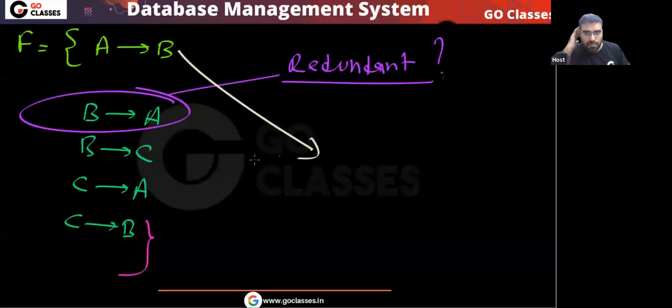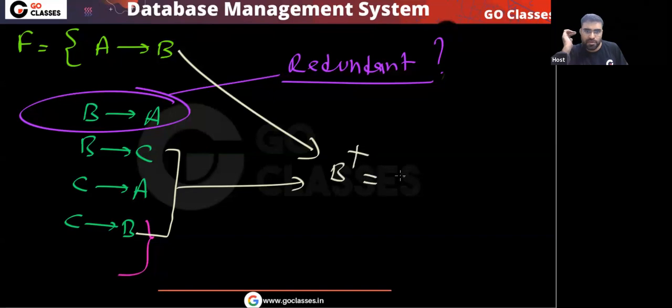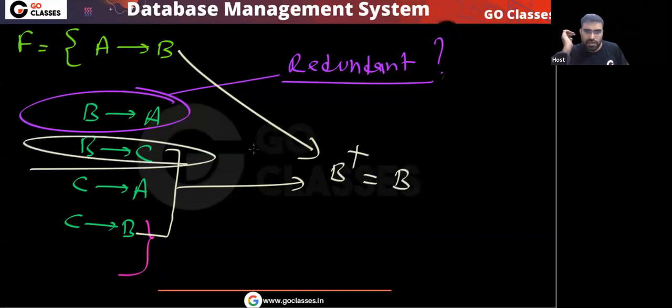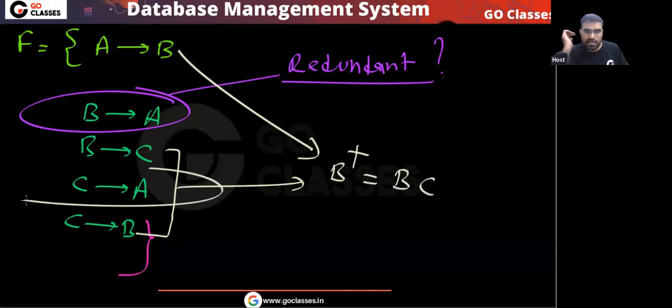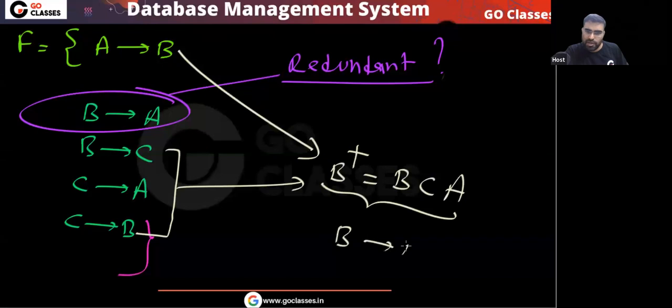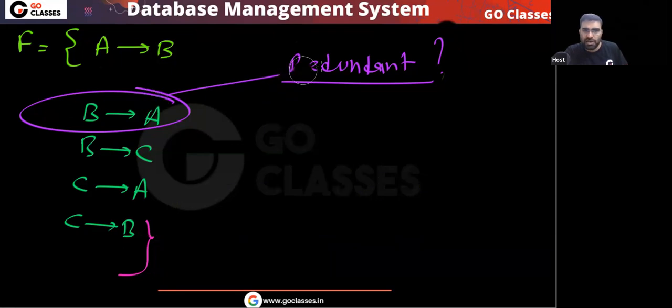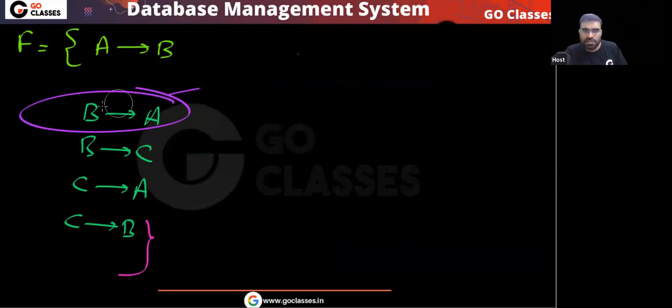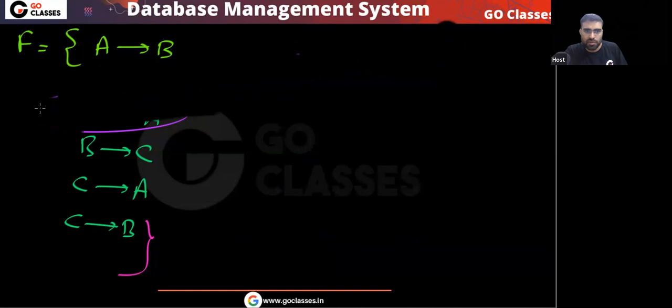B can determine C, C can determine A, so in the remaining, B can determine A. Yes, this is redundant, so this is also gone. I can delete this also.